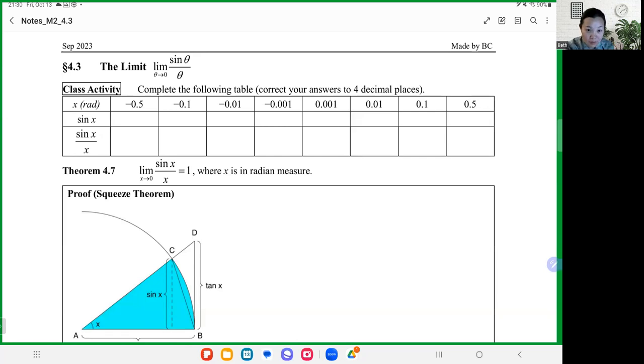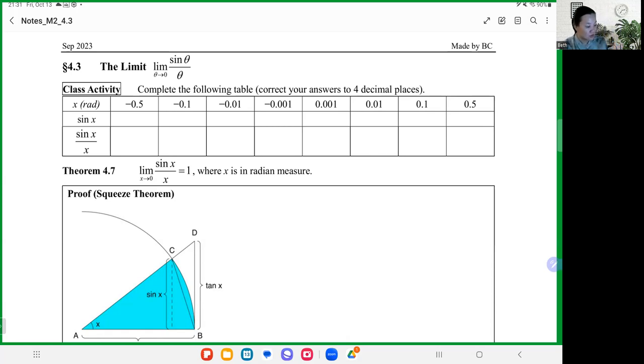Now we arrive at one of the trigonometric functions, so we will learn this special trigonometric limit, and then we will find limits related to trigonometric functions.